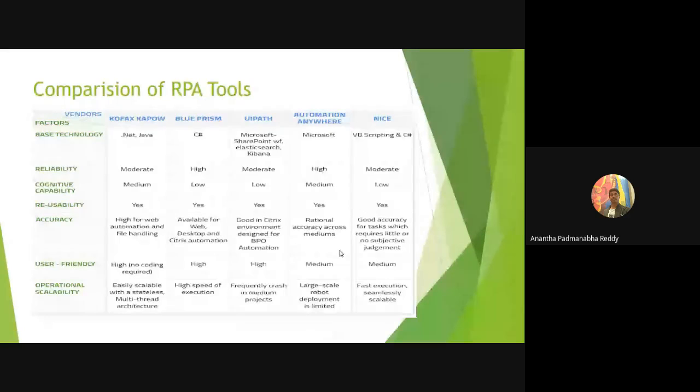Customization is not allowed in some others, like Blue Prism, but in UiPath you get good interaction, and user friendliness is also high. It is also good in the Citrix environment, designed for BPO and many other things. Cognitive ability is low, reusability is more, and also the technology.